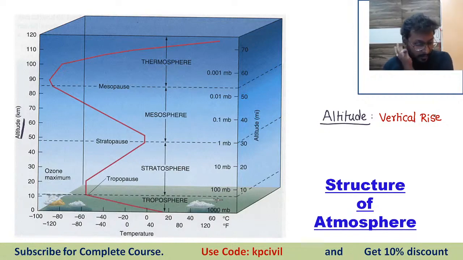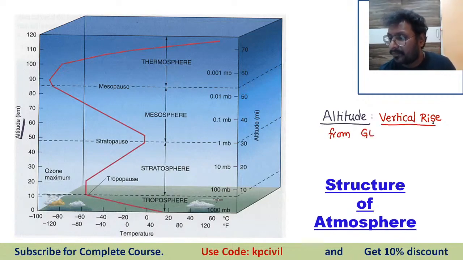Very good. Height from MSL, elevation. Everyone is answering. Vertical rise from ground level, height from ground level, that is called altitude.